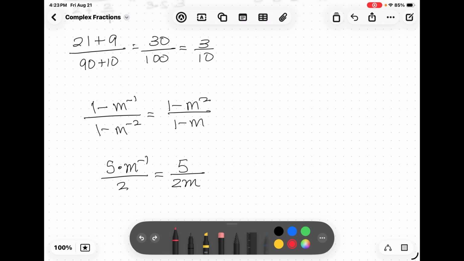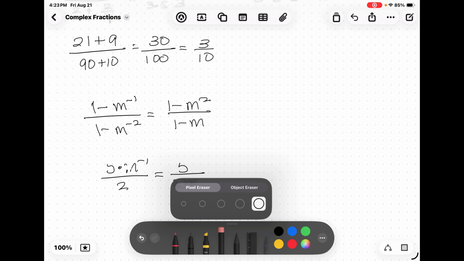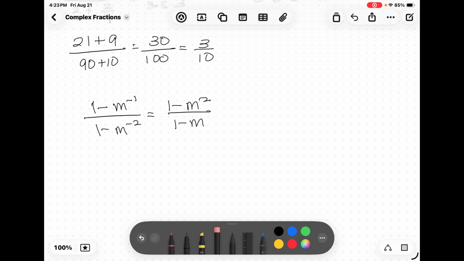But back up here with what we're given, the m terms, this is tied by that minus sign. It can't get across the fraction bar because it's tied to the 1. So what to do?